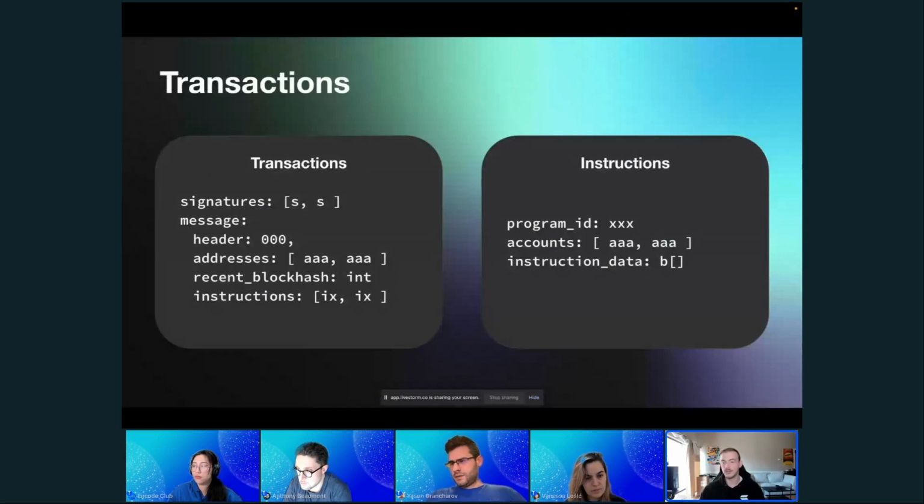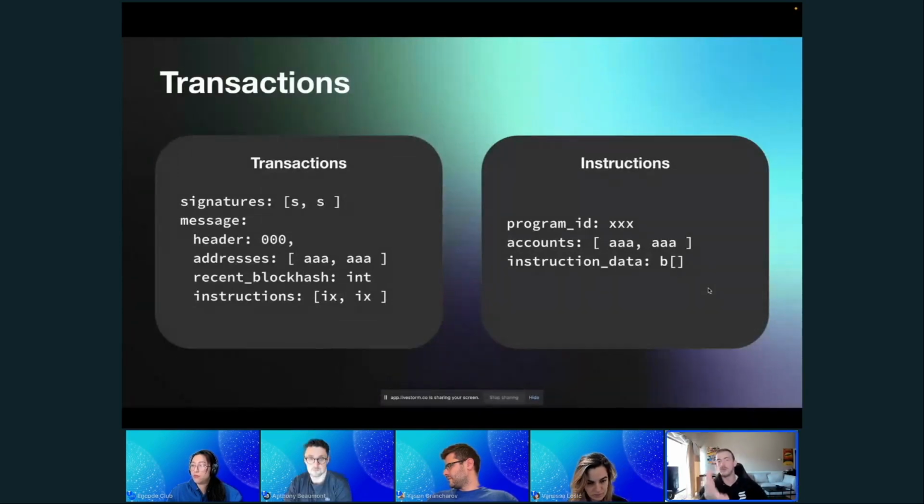And then you also include them in the instructions because you can include multiple instructions in a transaction. So let's say you need 5 addresses for one instruction and 3 for another, and they're all different. You would put all 8 in the transaction, but you only need to include in the instructions which ones are for which. So that's why it's present in both spots.